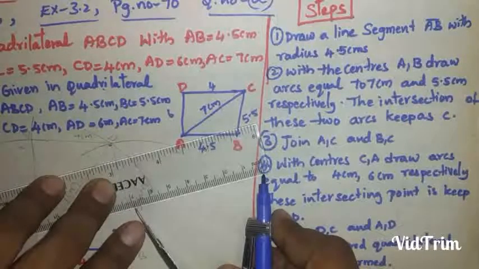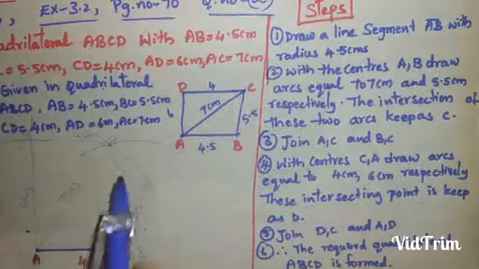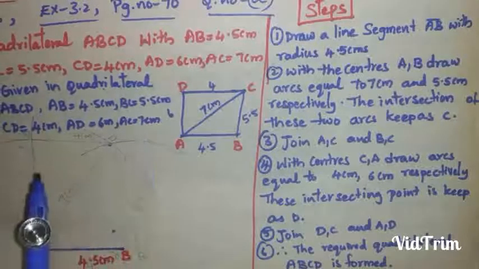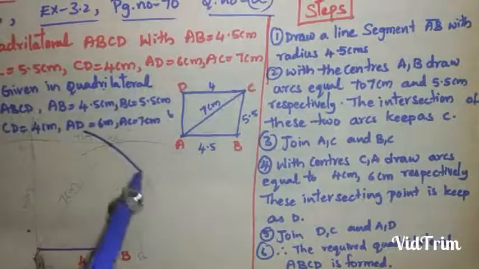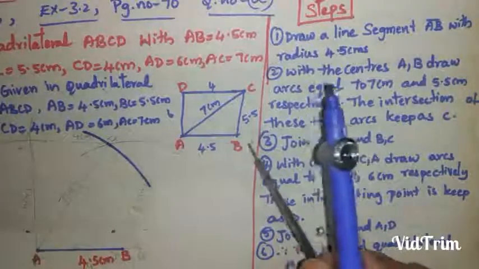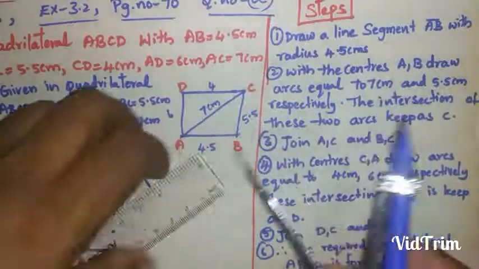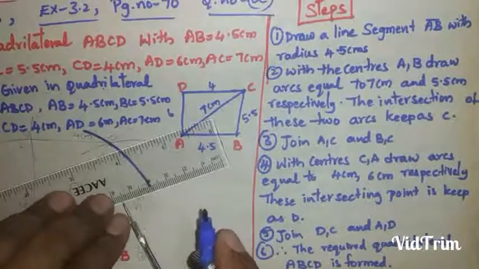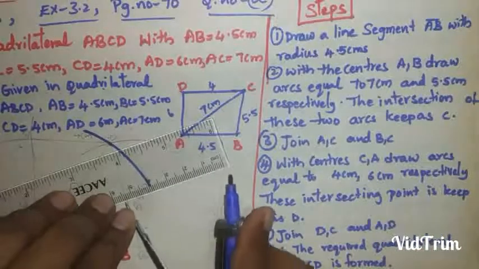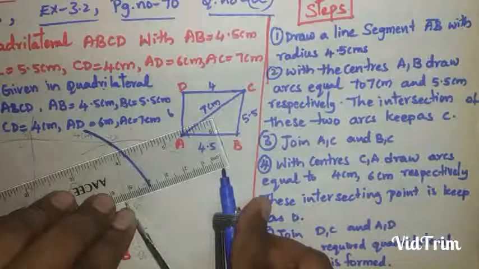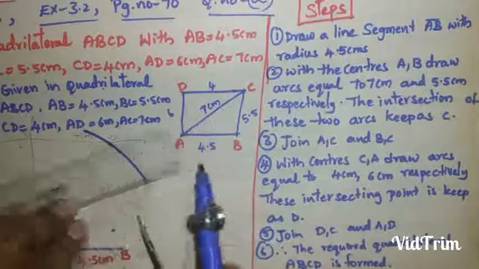From A we draw an arc of 7 centimeters. From B to C is 5.5 centimeters, so let us take 5.5 centimeters using the scale.